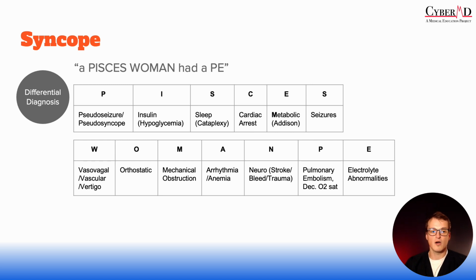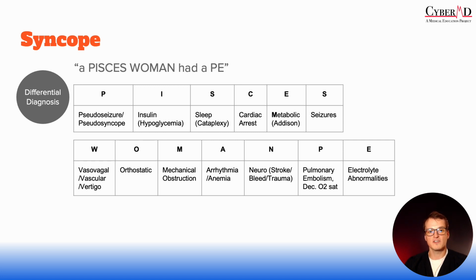We talked a lot about arrhythmias. We didn't really talk about anemia, though. A profound anemia can actually cause a syncopal episode or pre-syncope clinical manifestations such as the lightheadedness or the dizziness that sometimes precedes a syncopal event. So anemia is actually a cause of syncope as well, and syncope mimic.